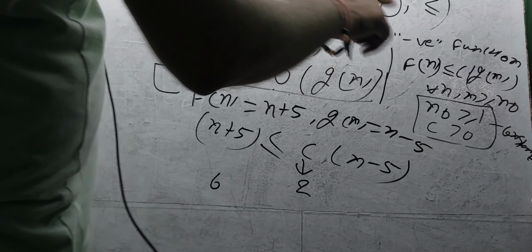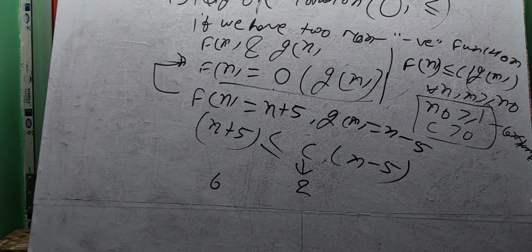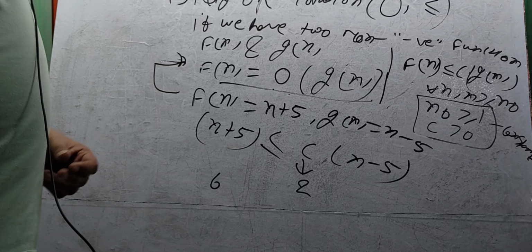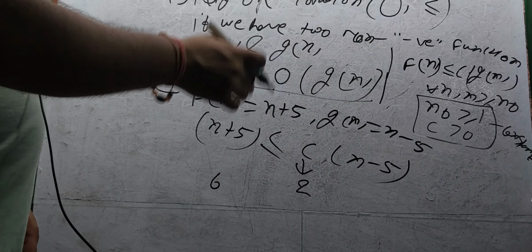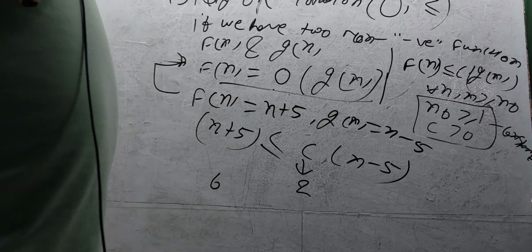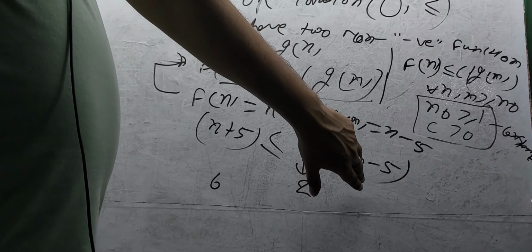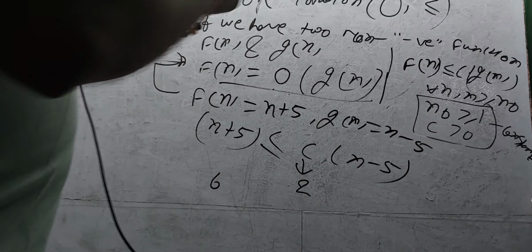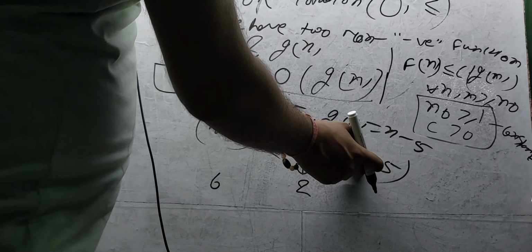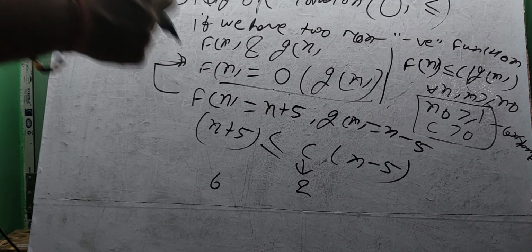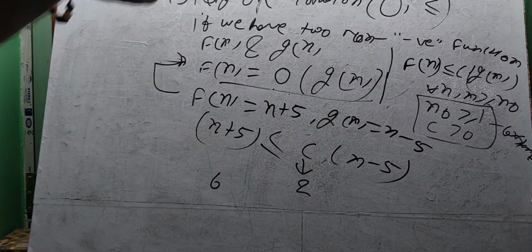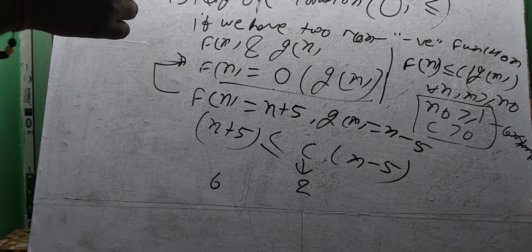But here we have to make clear that no function should give a negative value, and we don't want to take any value that will give negative. So we will take some value which is greater than 5, because any value less than or equal to 5 will give 0 or negative. So we will take n greater than 5.